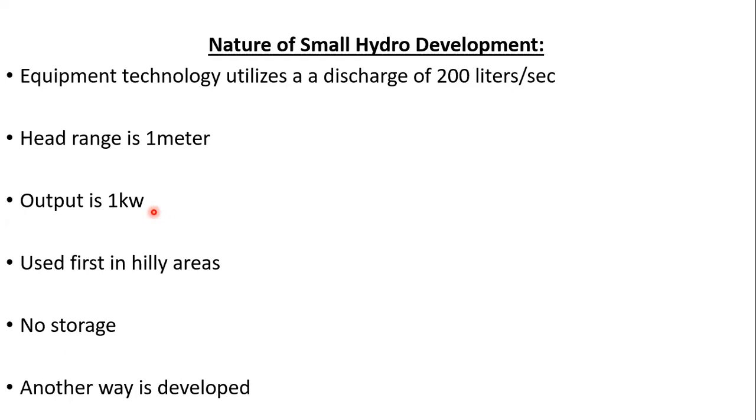This development of relatively small potential is of course dependent on the present need and the resource we have. The first type of development is confined only to hilly areas.